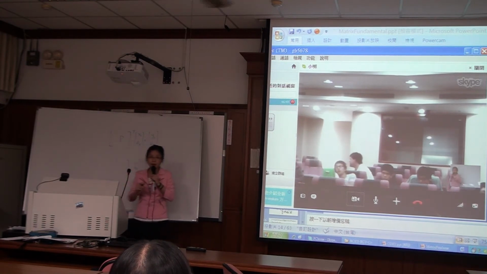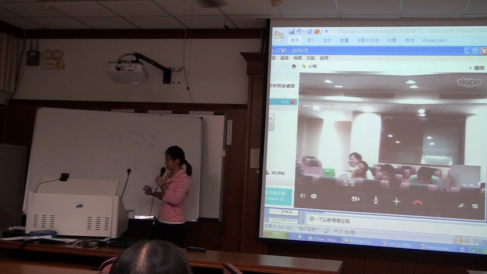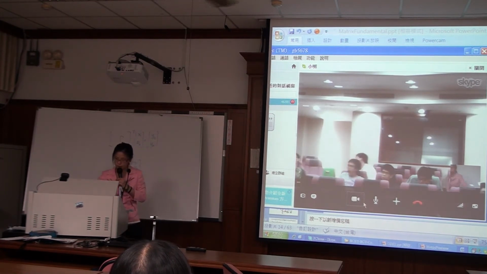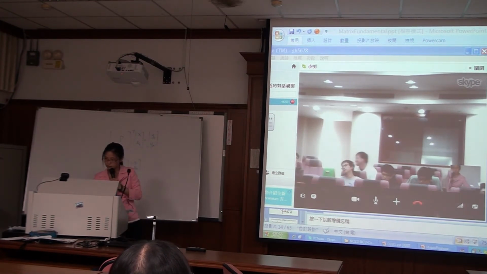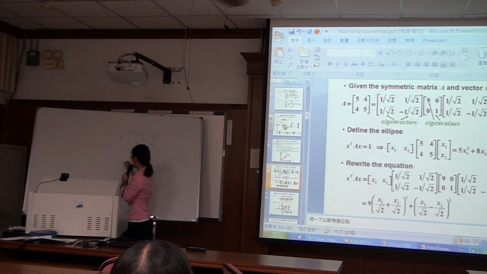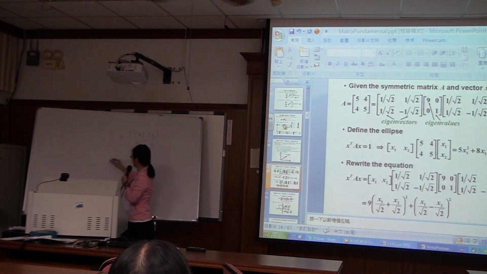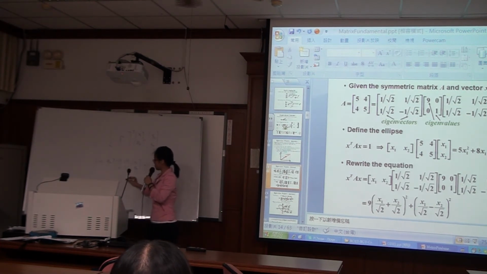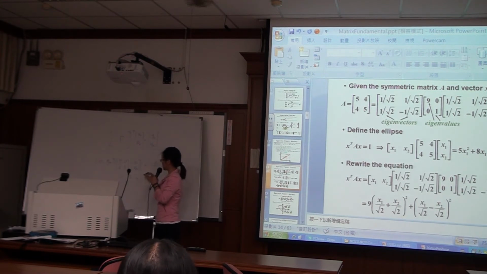And then our equation can be simplified to a simple form, which is clearly an ellipse equation.